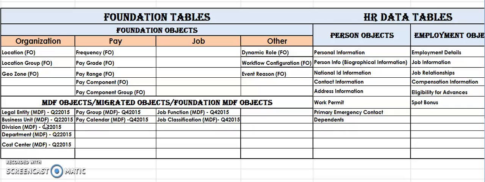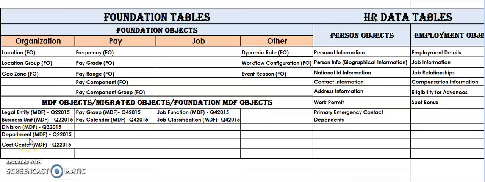We can change it to cluster, sector, or zone as per the customer requirement. As per SuccessFactors, we have the term called division, and it is an MDF object. As per the customer requirement, we can change it to sector, cluster, or zone. In real time, we generally don't use this division.